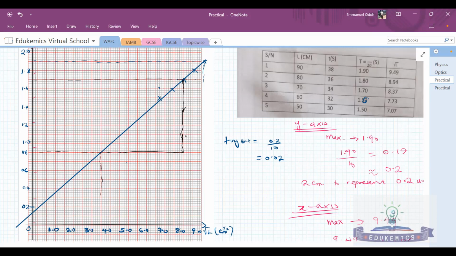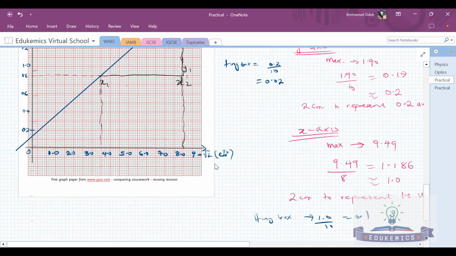Tracing it. So this is the x2, x1, y2, and y1 towards the y-axis. So what number is that?